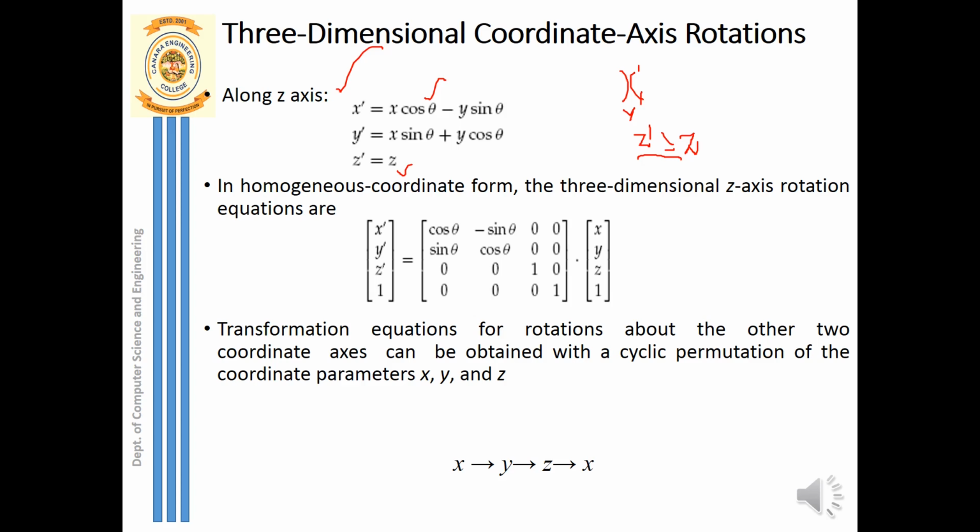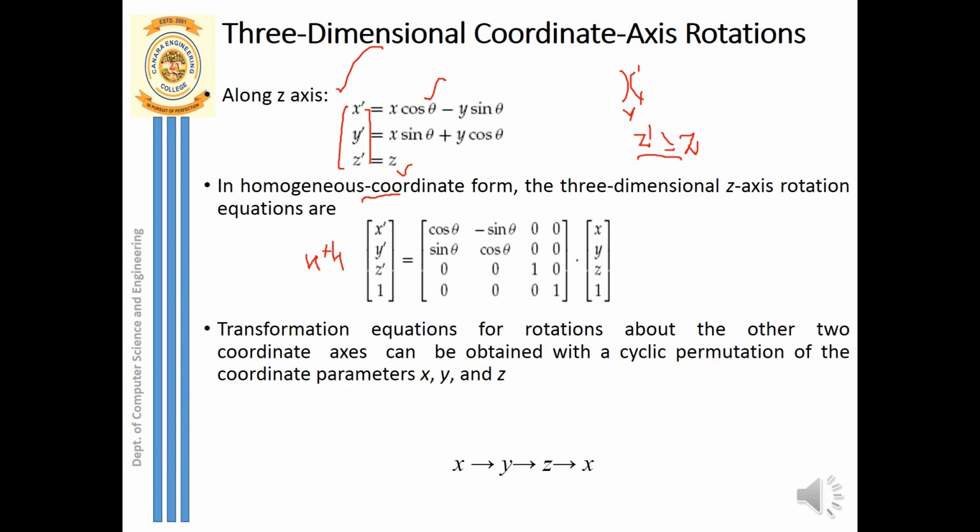Yes, the LHS I can write in the form of a column matrix, which is given in the homogeneous coordinate form. When I say homogeneous coordinate, since it is a three-dimensional rotation, my order of the matrix is 4 cross 4.